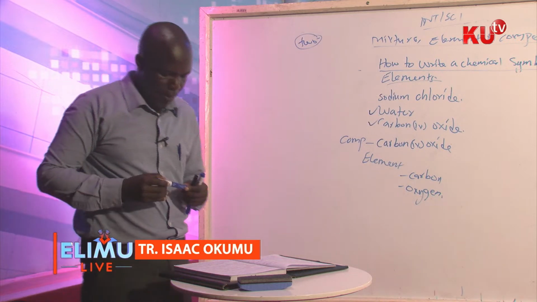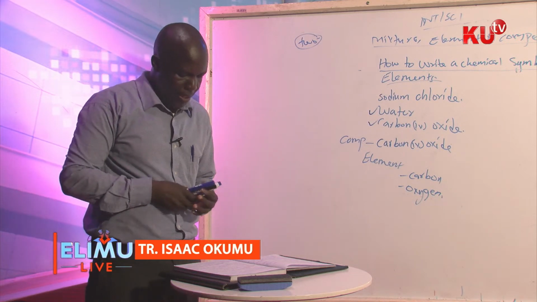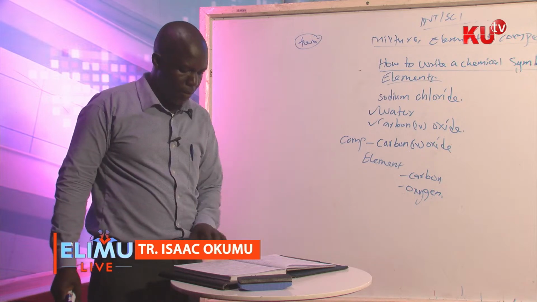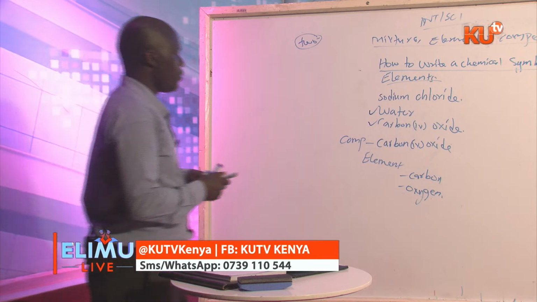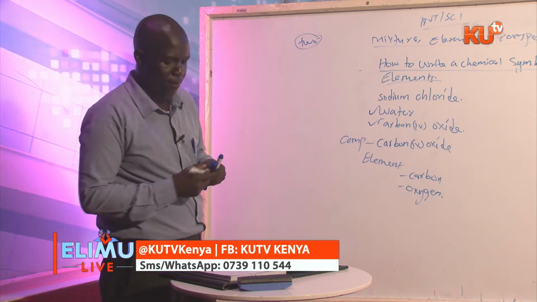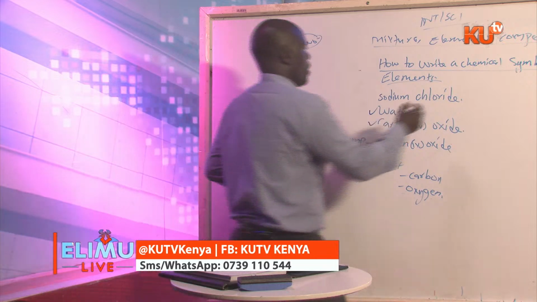So when we are writing the chemical formula, again, we consider the elements which make up that compound. We know we have carbon.